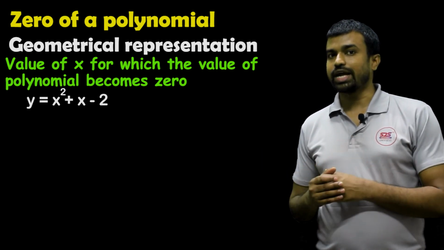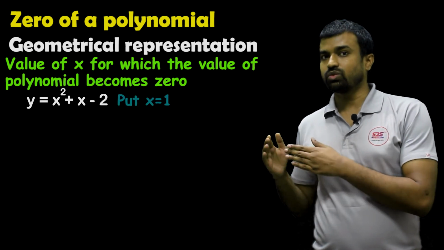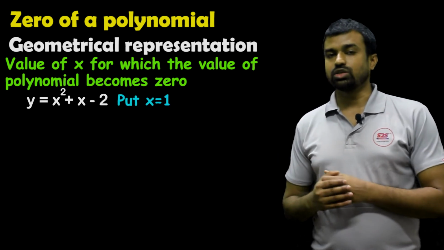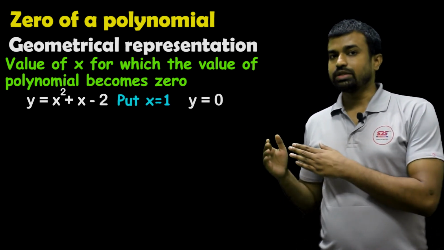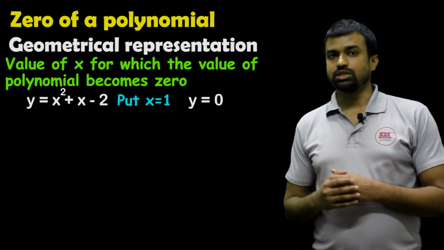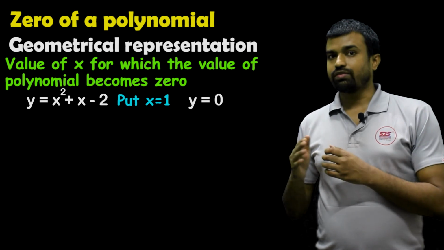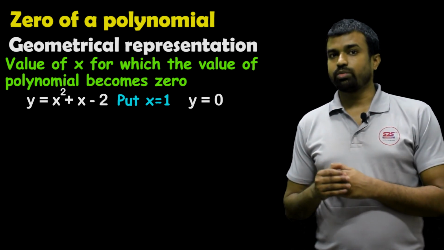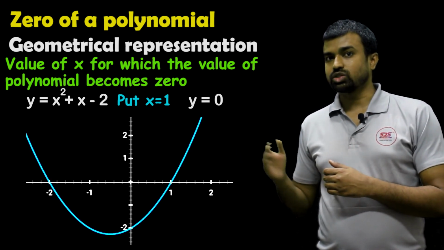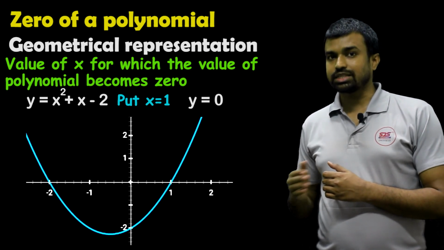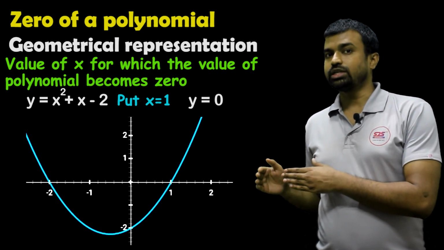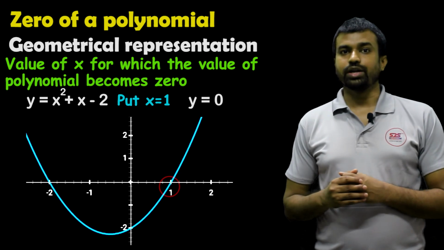In this case we had seen that if we put x is equal to 1, we get 0. So that means x is equal to 1 is a zero of the polynomial. So here also the graph of this polynomial x square plus x minus 2 is going to cut the x-axis at this point, that is x is equal to 1.